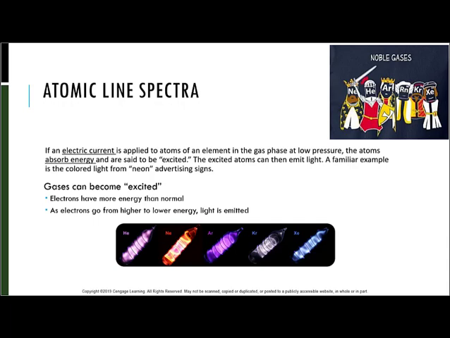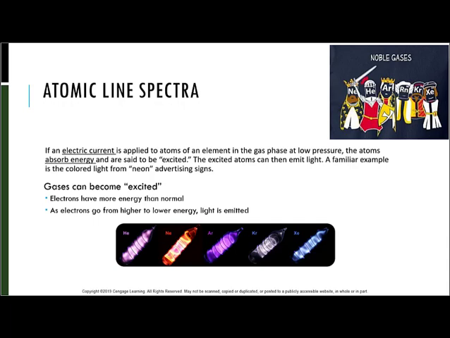Additionally, no single experiment has yet been done to show electromagnetic radiation behaving simultaneously as a wave and a particle. So interestingly enough, scientists now accept this wave-particle duality. That is, the idea that electromagnetic radiation has the properties of both a wave and a particle.